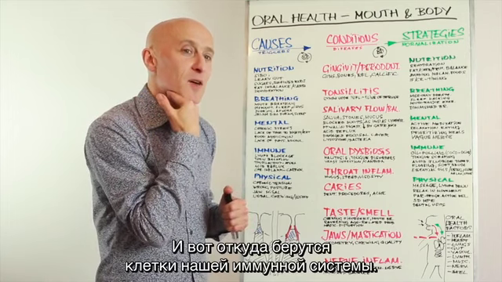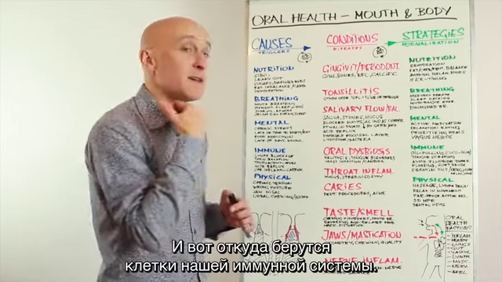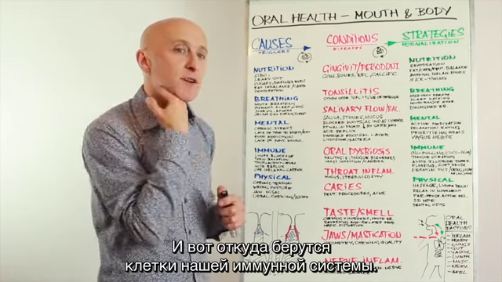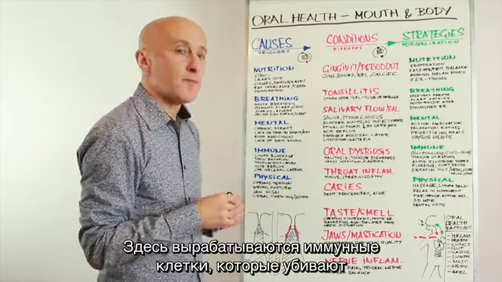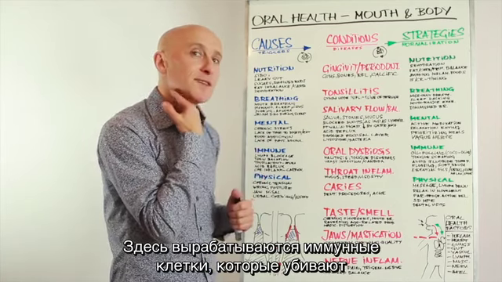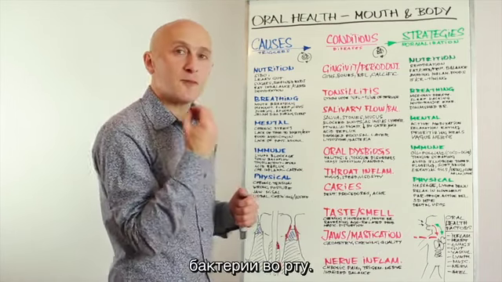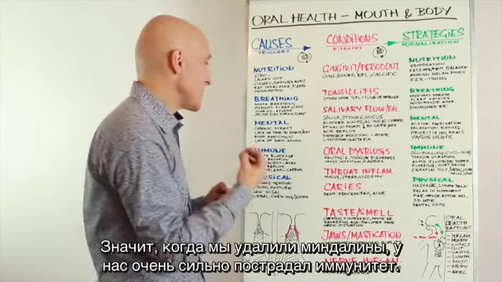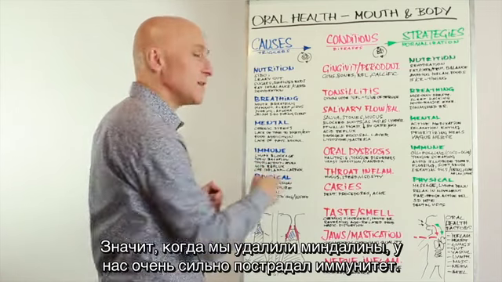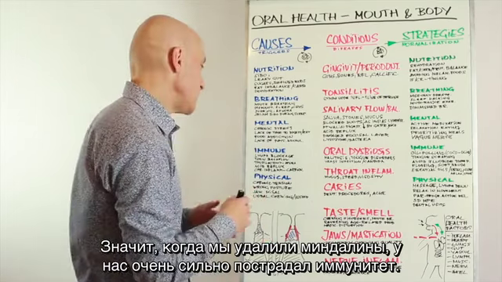That's where the cells of the immune system are coming from. So that's the immune system cells that are produced here that are killing the bacteria in the mouth. So when we have removed tonsils, then we have very much impaired immunity.